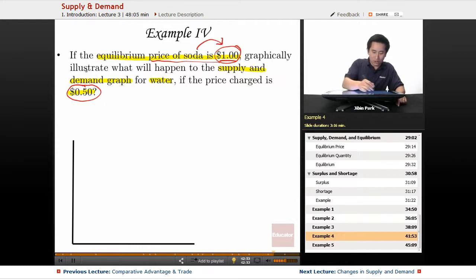So this is soda, and then this is H2O. This is water here. So what happens if you charge 50 cents here? But again, let's assume that it's $1 here. The reason why is, you can do a lot of different things if you change the price here. But let's go ahead and assume that the equilibrium is $1 for soda here. Q1.